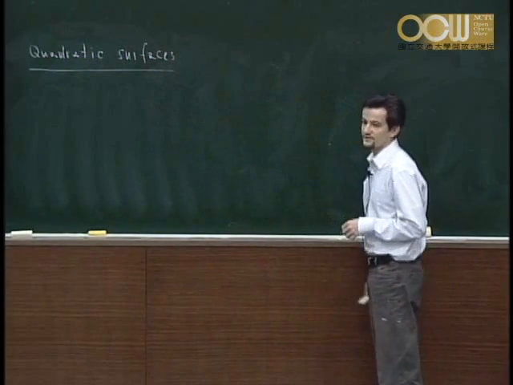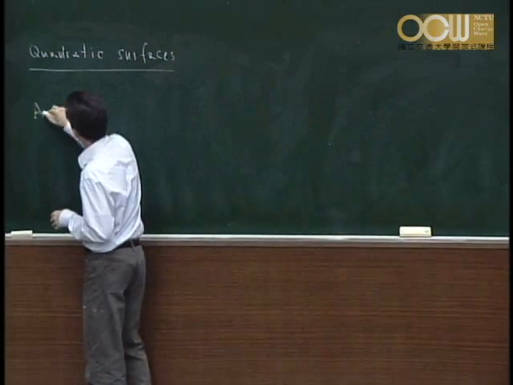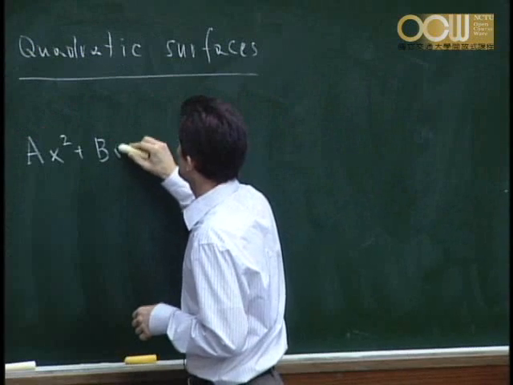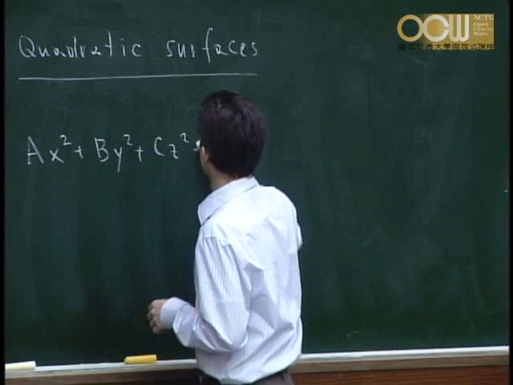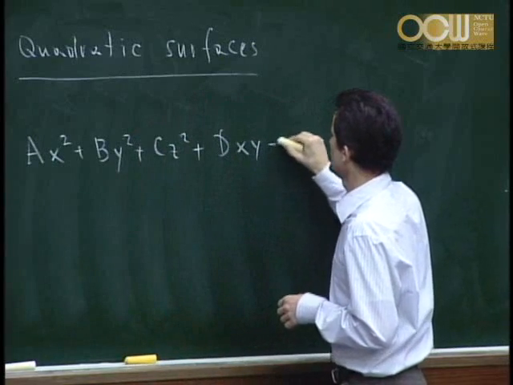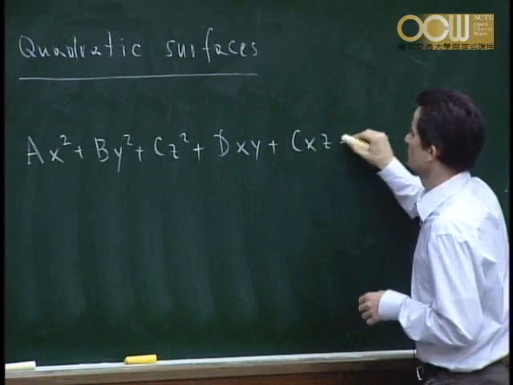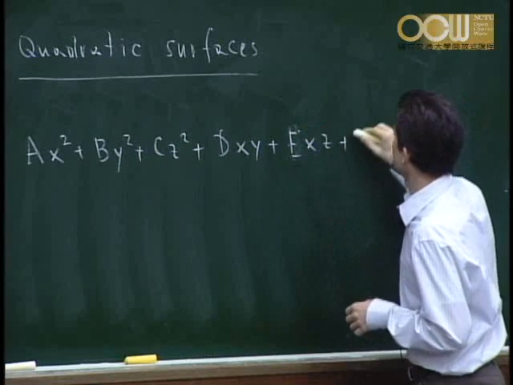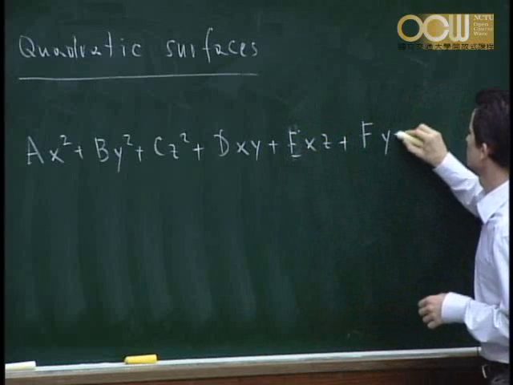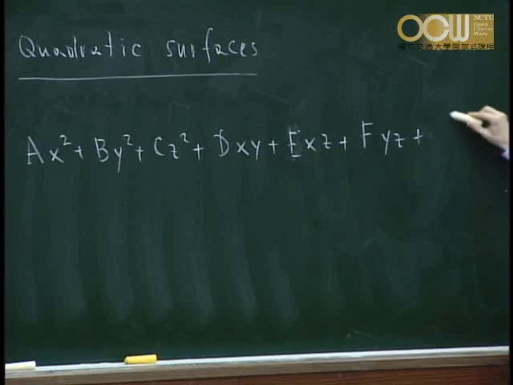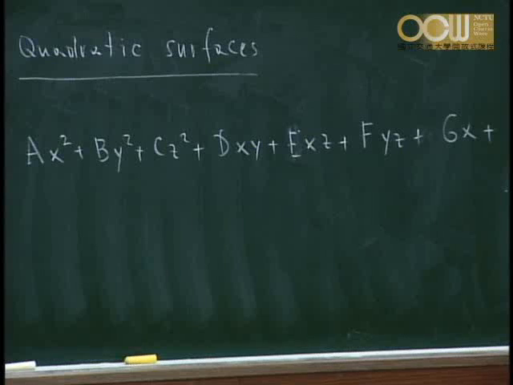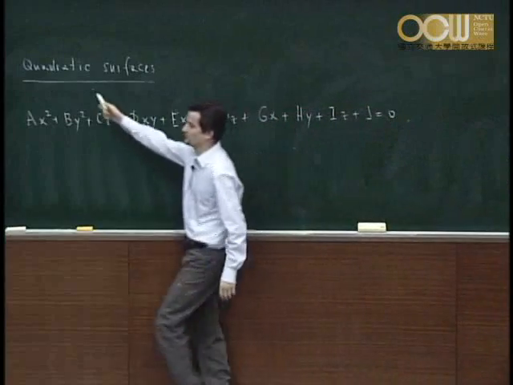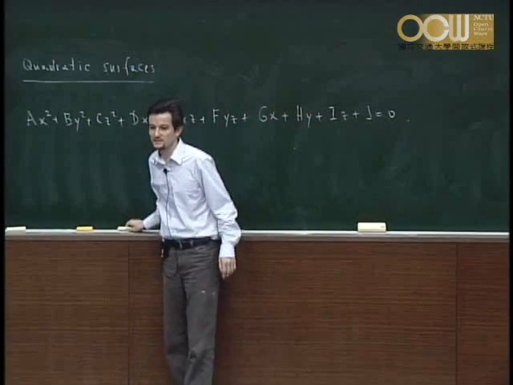A quadratic surface is a surface which is described by an equation of the form ax squared plus by squared plus cz squared plus dxy plus exz plus fyz plus gx plus hy plus iz plus j is equal to 0. That's why it's called a quadratic surface, because it's described by a quadratic equation.